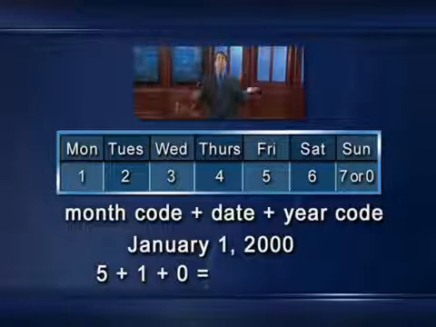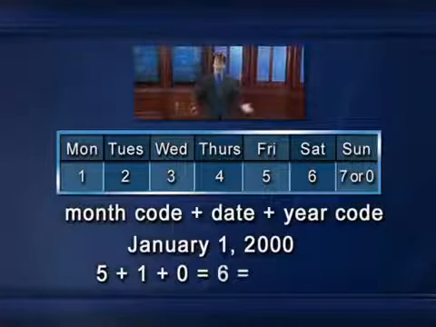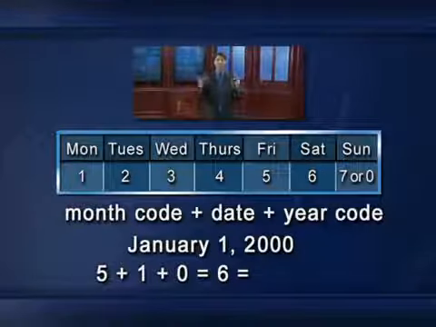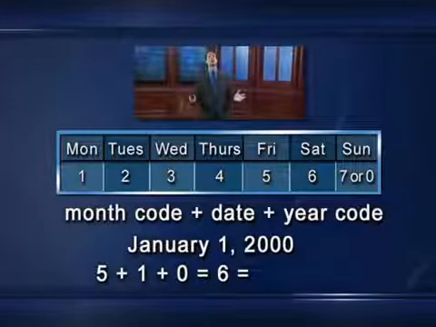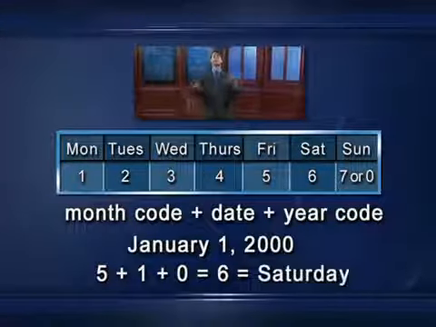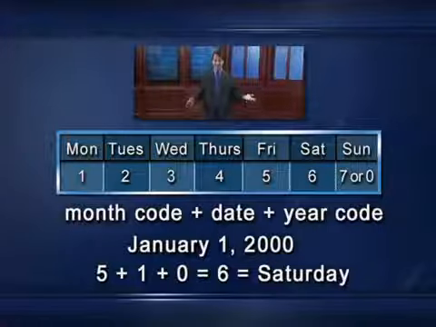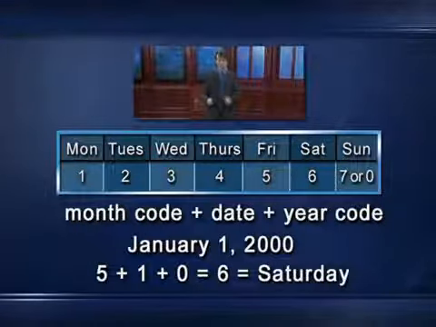Great. So we take 5 plus 1 plus 0 and get 6. We add those numbers together, we get 6. So January 1st, 2000 was day number 6, which is Sixer Day, Saturday. Okay, so January 1st, 2000 was Saturday.